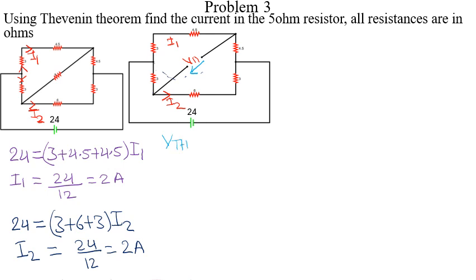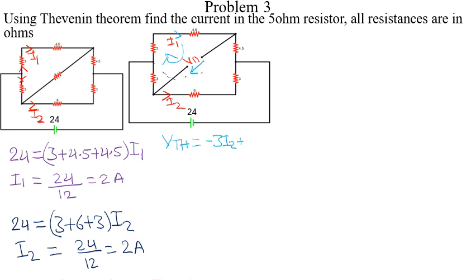So we can write our VTH as, we are taking the clockwise direction, and I2 is going in the opposite direction. So VTH is equals to minus 3I2. Then I1 is going in the correct direction, because I1 is going this way clockwise.